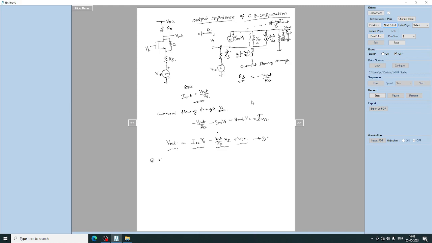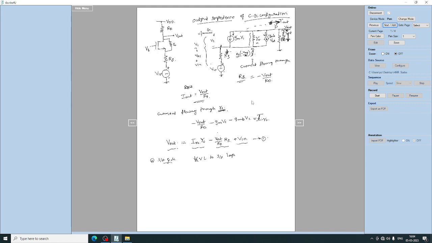At the input side, applying KVL to the input loop, which is nothing but V1 plus the voltage across RS plus V in.